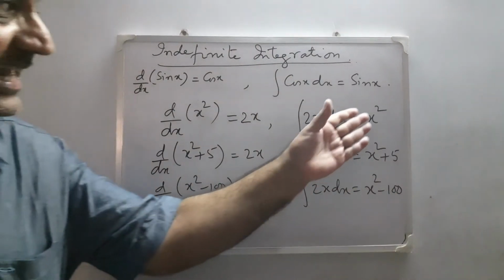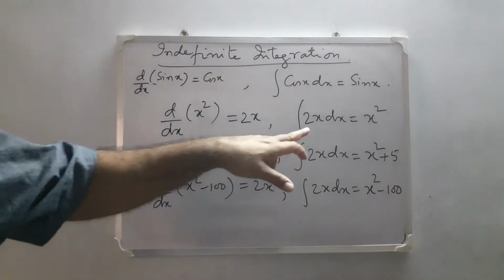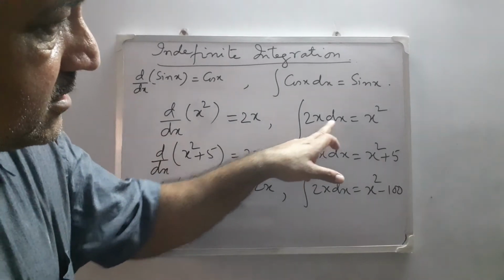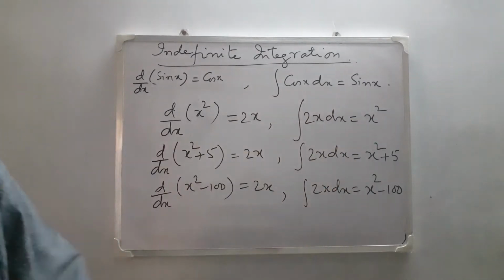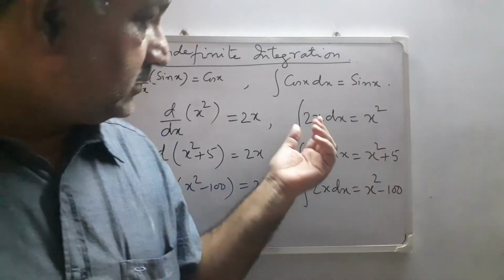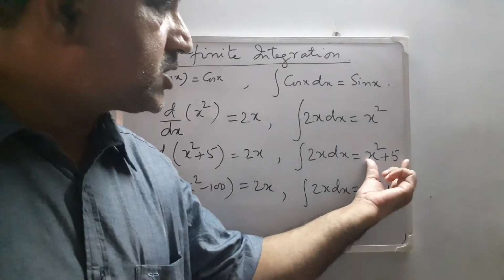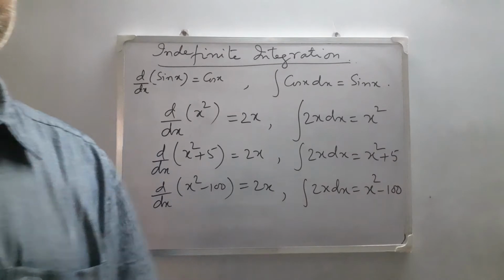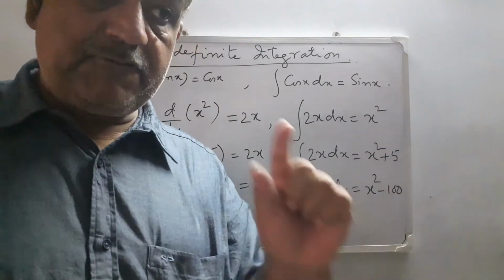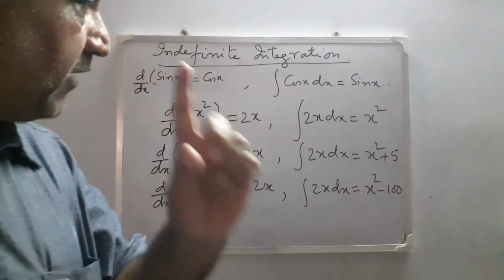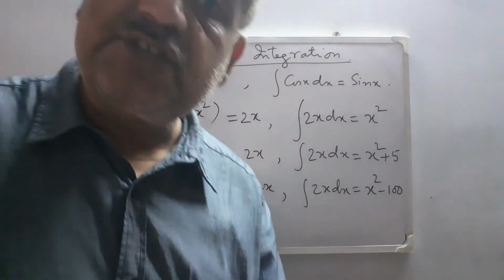Now this creates a problem: we have only one function, 2x dx, in each case, and the value of the integral becomes x square in one case, x square plus 5 in another case, x square minus 100 in the third case. Why is this happening? If you think, boys, you will find that it is the constant whose differentiation is 0.